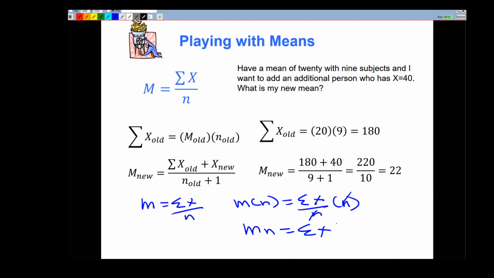So in this case, 20 times 9 equals 180. So the sum of X is equal to MN.